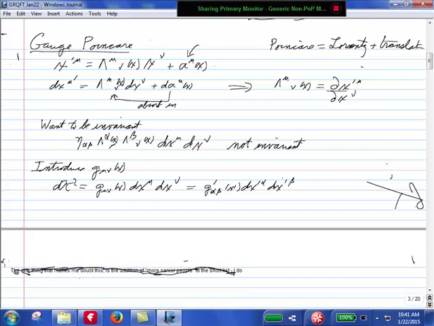Now here, let me erase this piece so I can do something. We have some immediate success here. We're going to get equations of motion for G. We haven't got its Lagrangian yet, but we do have its source now.